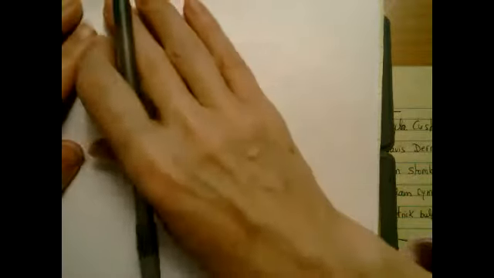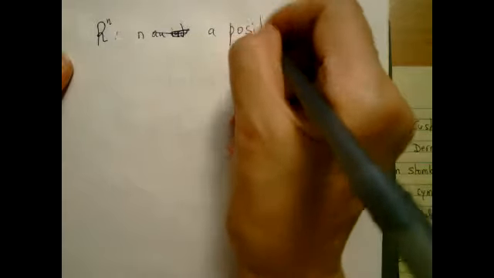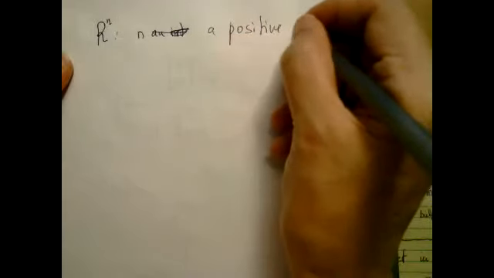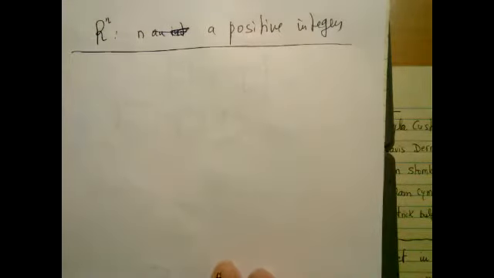Now we're going to introduce R^n vectors, which are exactly the same. We're going to talk about R^n. What is R^n? n is a positive integer. We're going to talk about vectors in R^n.